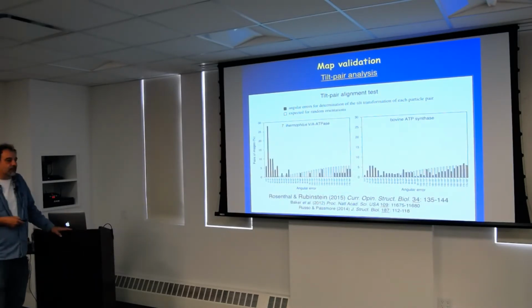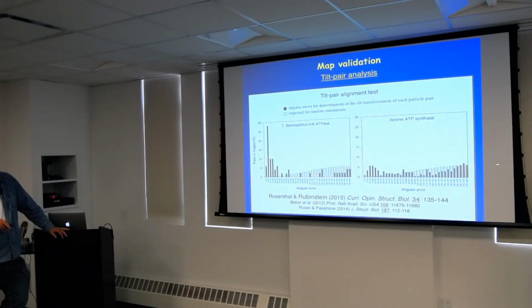But it's all a little bit difficult to decide really when your map is correct, because this is a very good map, so most of your particles have a very small error, they have really good values. This one is random, so you can see this distribution is very different from random. This is a not so good map, but we know what the bovine ATPase looks like, so we know that the map is actually not bad.